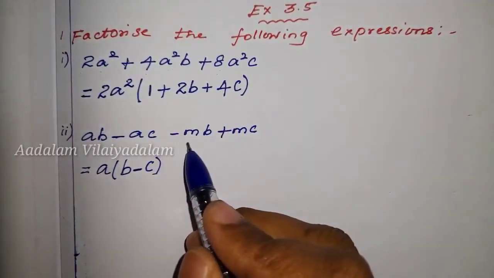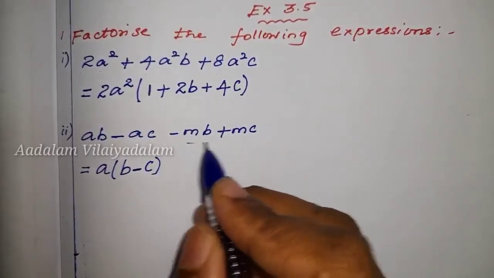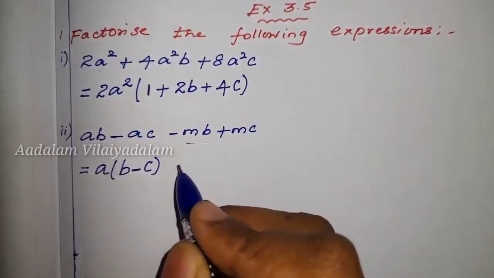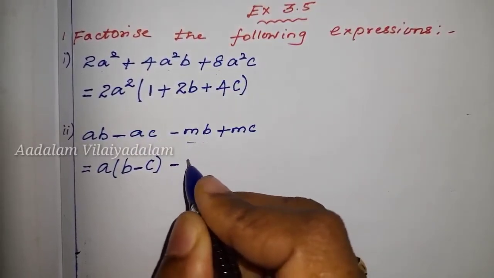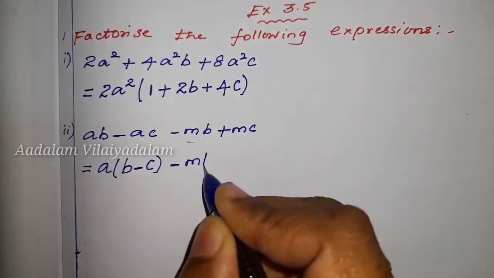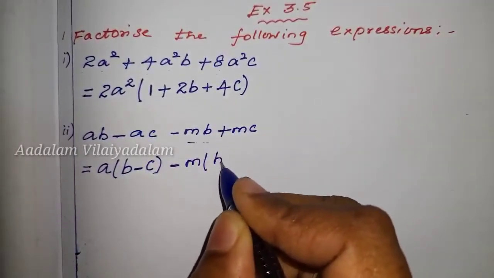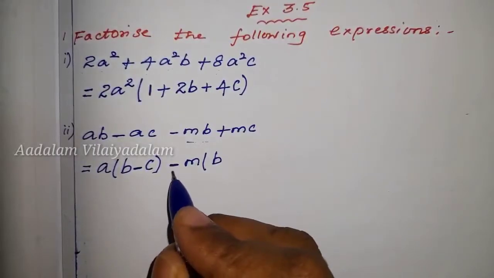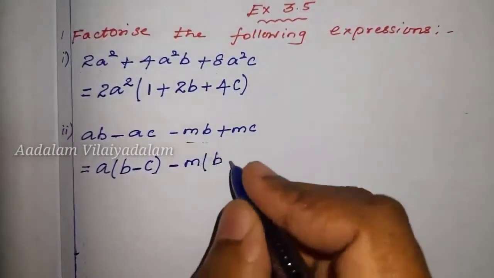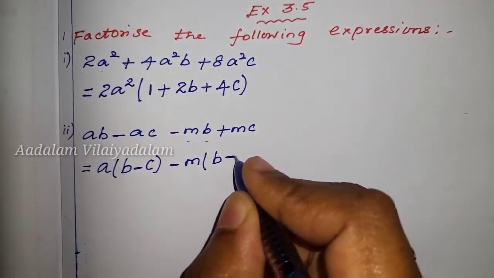Next consider the third term and fourth term. What is the common term here? Minus m is common. The remaining term here is b. What is the symbol here? Plus, since we already take minus, and minus into minus is plus. So we put the minus sign.